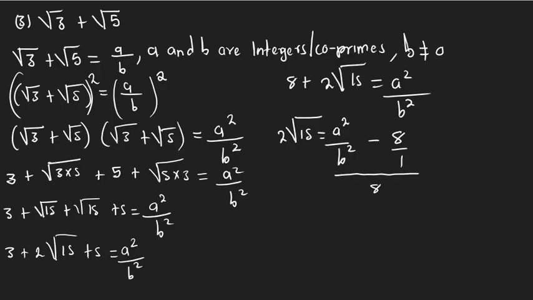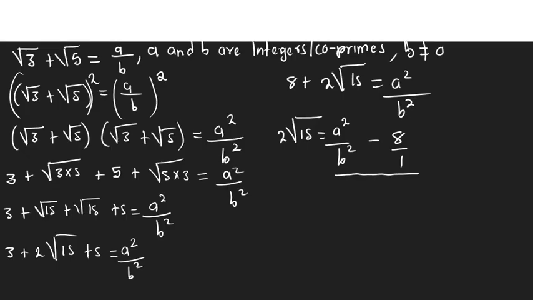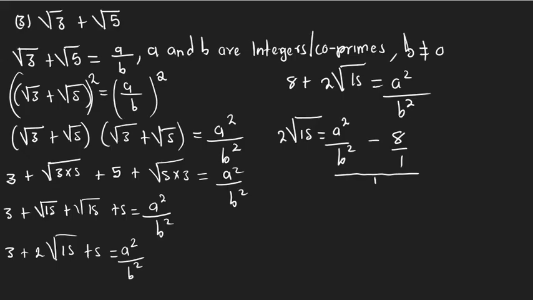We know that this is going to be b to the power 2, then b to the power 2 into b to the power 2 gives us 1, then we're going to get a power 2, minus 1 into 8b power 2. So at the end, we are going to get 2 square root of 15 equal to that.